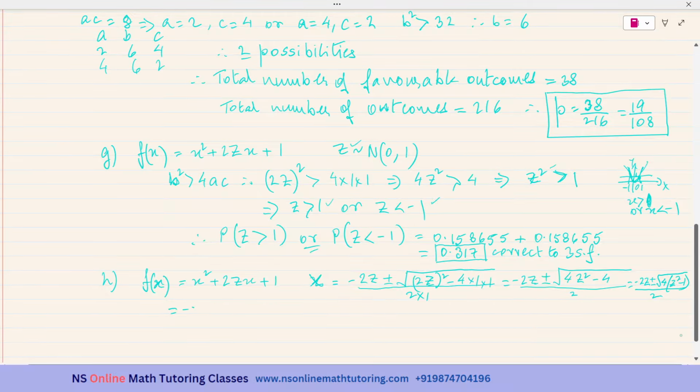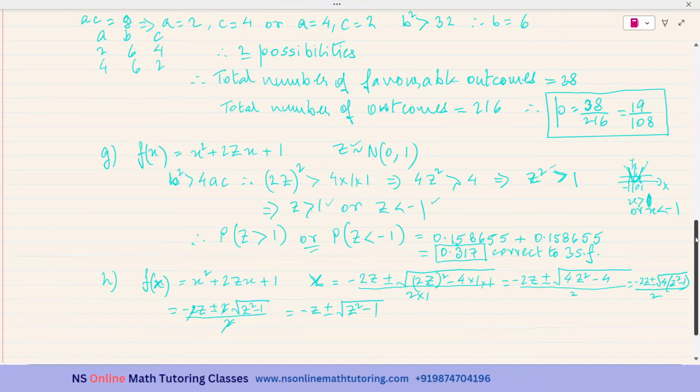So this is minus 2z plus or minus 2, since the square root of 4 is 2, times the square root of z squared minus 1, over 2. The 2's cancel, and it is minus z plus or minus the square root of z squared minus 1. So this is basically the two x values, nothing else.